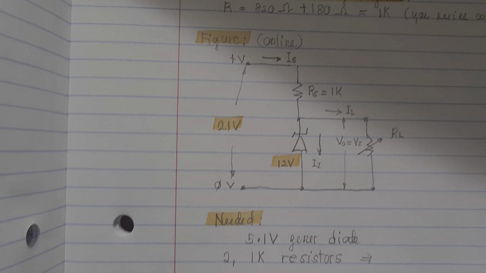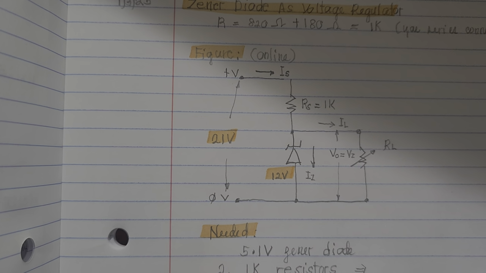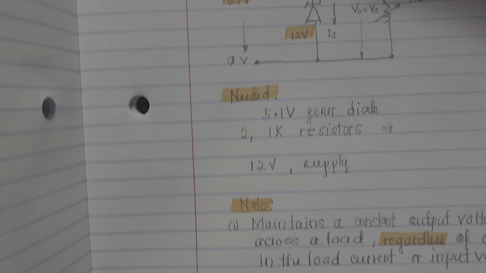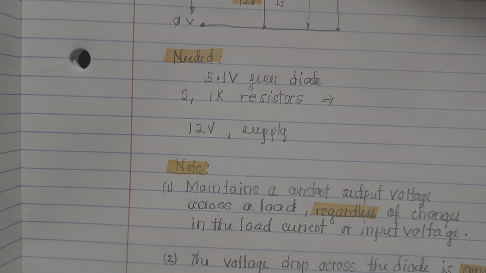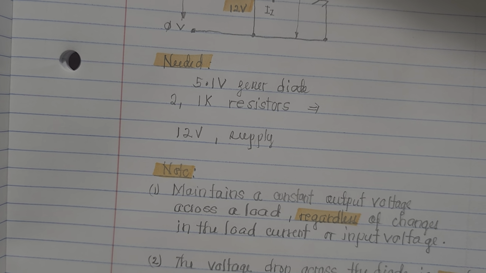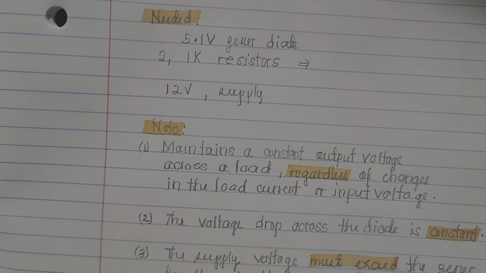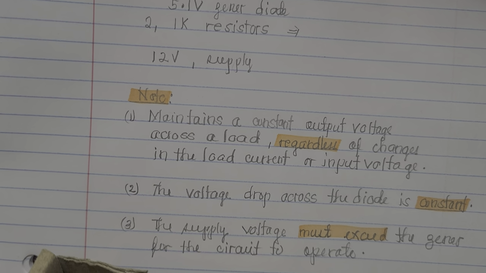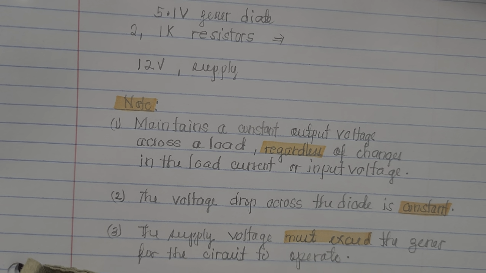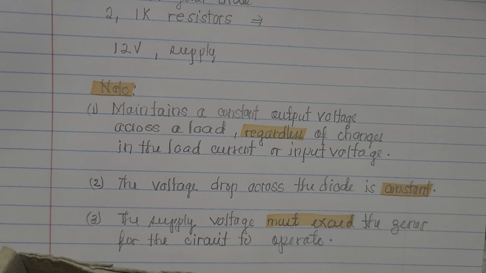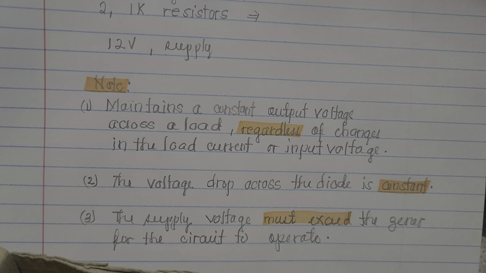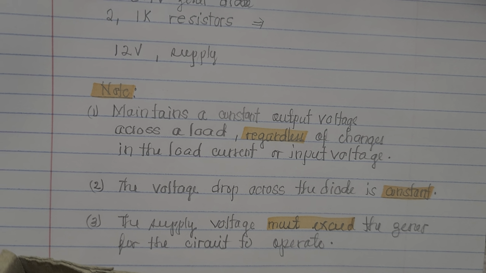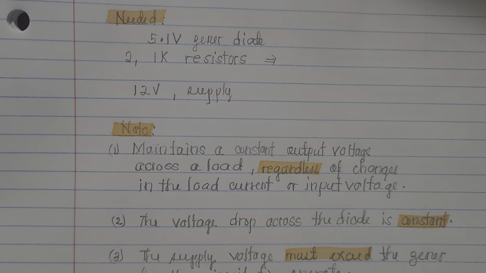One of the requirements for a Zener diode to act as a voltage regulator is that I got some discussions over here. The voltage drop across the diode is constant. The supply voltage must exceed the Zener voltage for this circuit to operate.